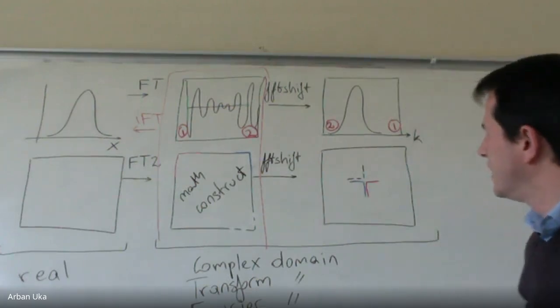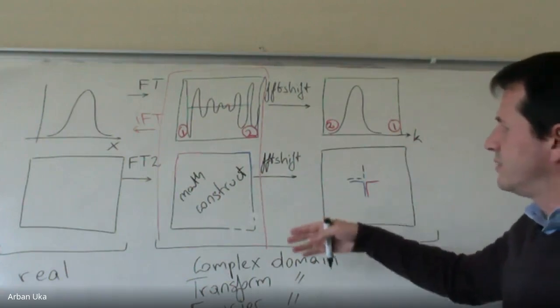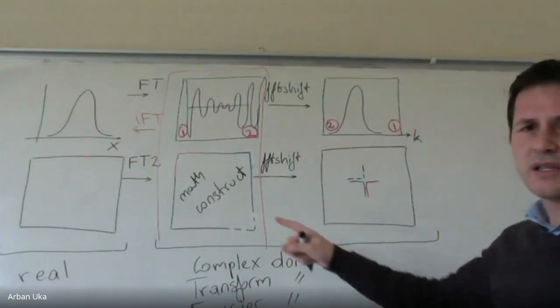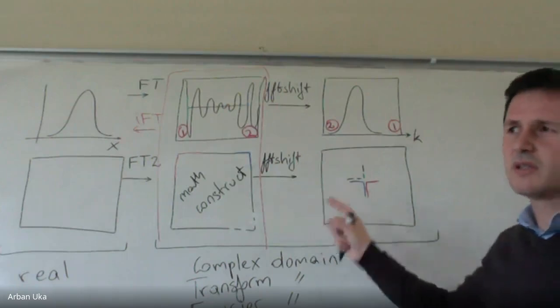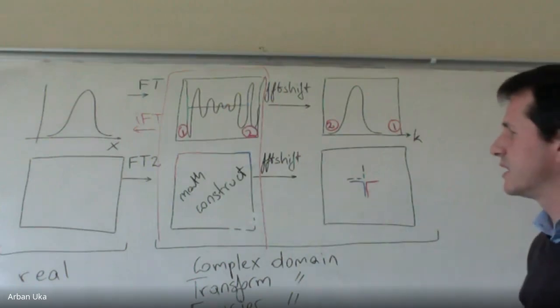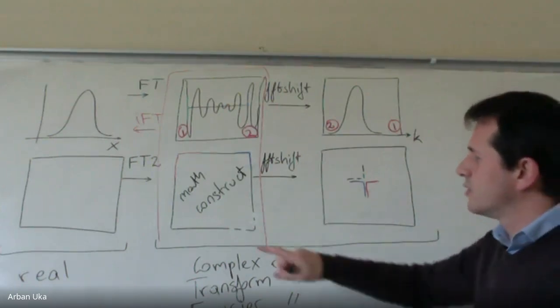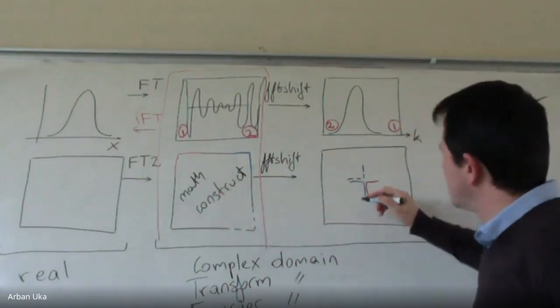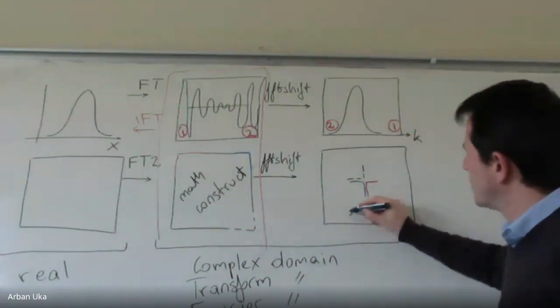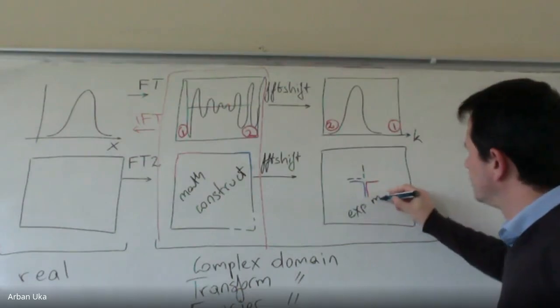Okay. Now, I can discuss more in length regarding why we are separating this in two different domains. But for now, I think I can keep this short. So we can call this one mathematical construct, and this other domain we can call experimentally measurable.